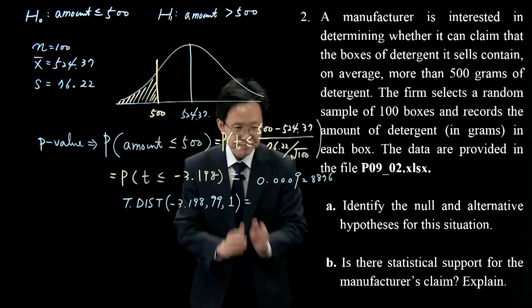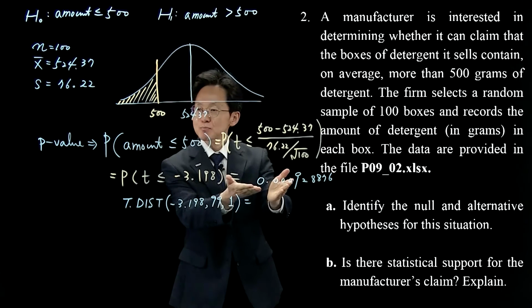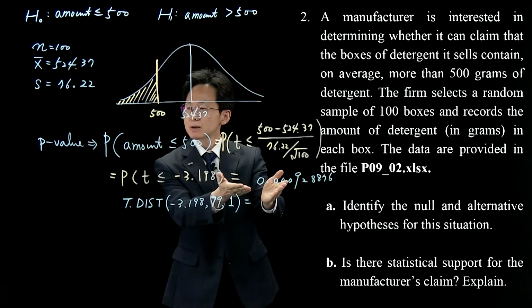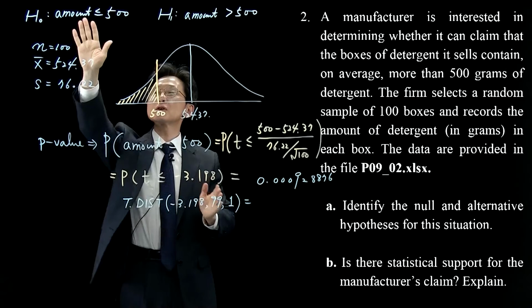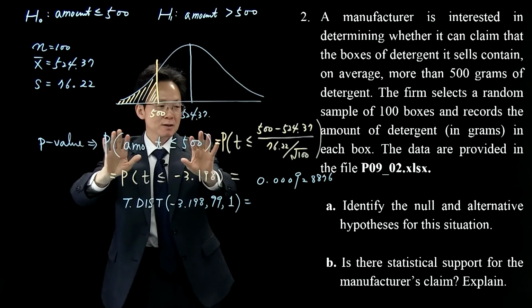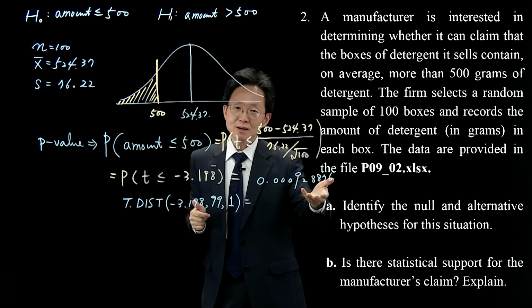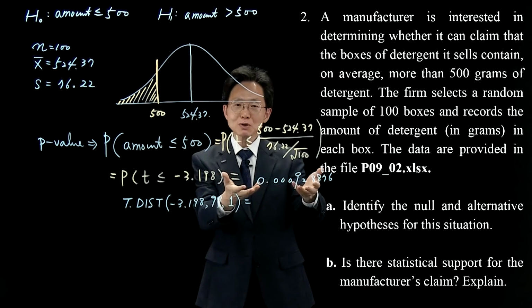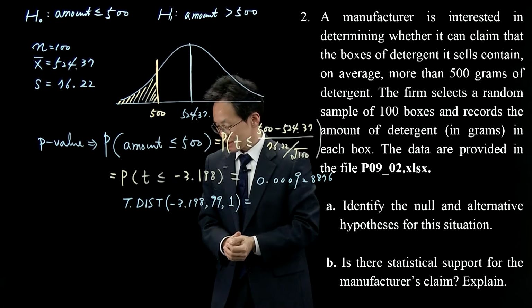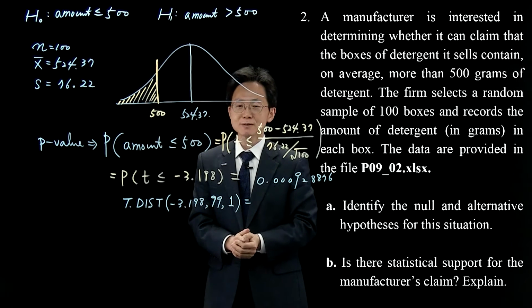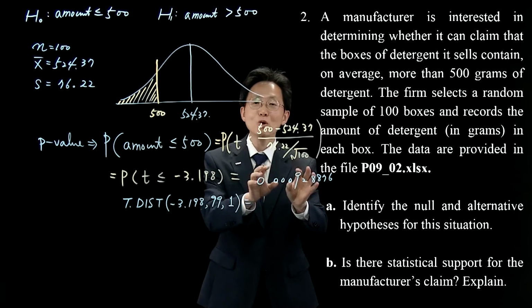So look at this one. This implies the probability that the null hypothesis is correct is this much. What do you think? Do you think this is a big probability or a small probability? I would just say that this is a really small probability.